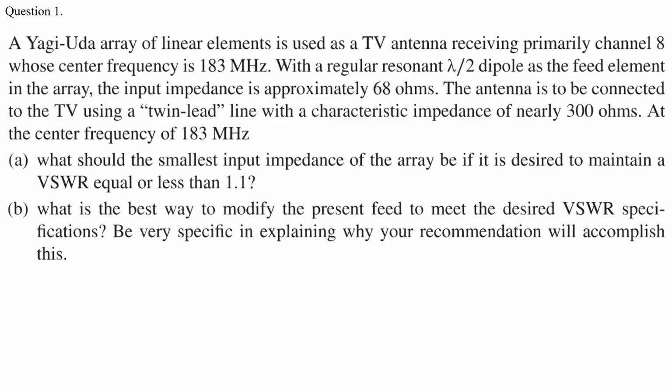The antenna is to be connected to the TV using a twin-lead line with a characteristic impedance of nearly 300 ohms. Part A: at the center frequency of 183 megahertz, what should be the smallest input impedance of the array if it is desired to maintain a VSWR equal to or less than 1.1? Part B: what is the best way to modify the present feed to meet the desired VSWR specifications? Be very specific in explaining why your recommendation will accomplish this.